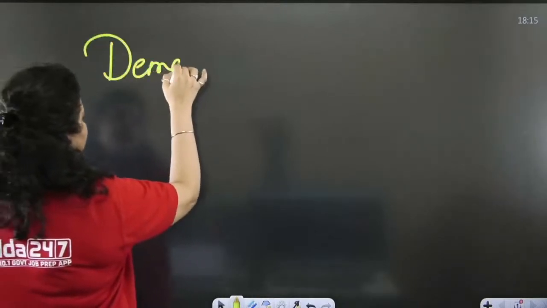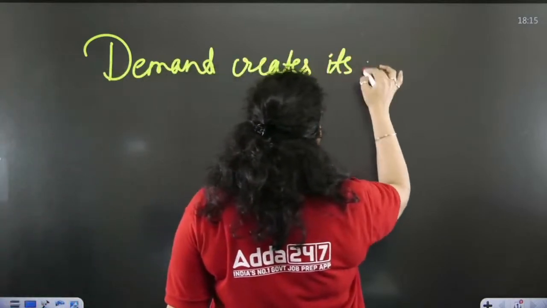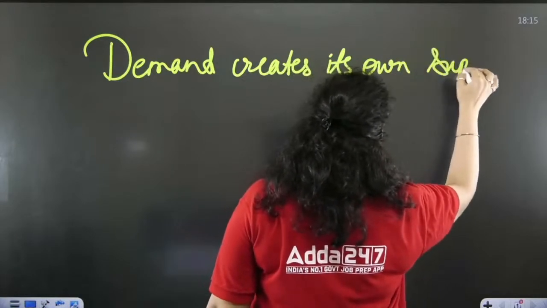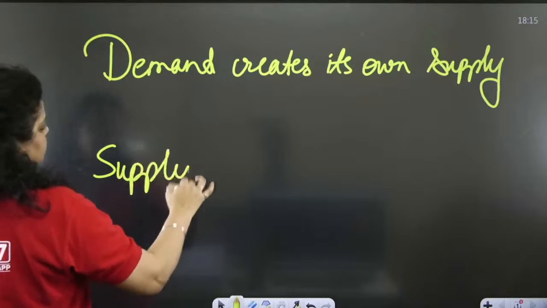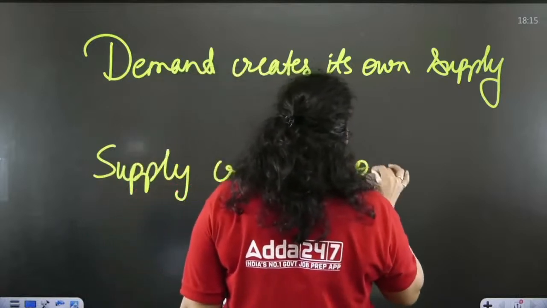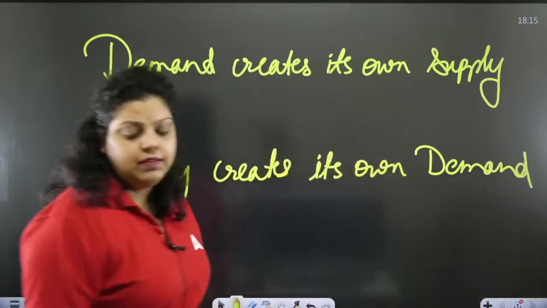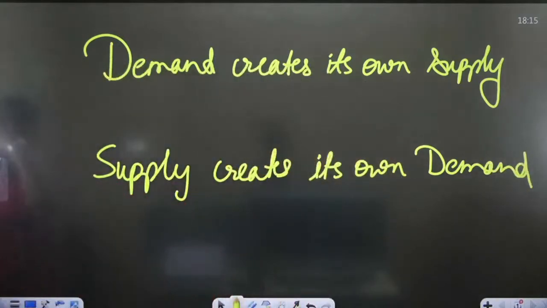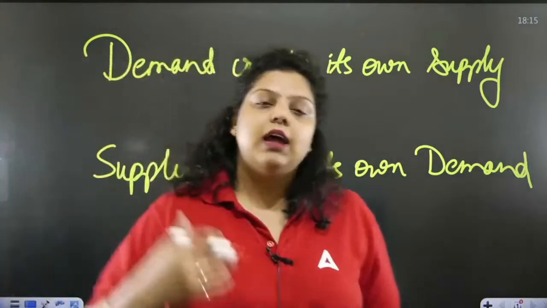First of all, we have discussed two theories: demand creates its own supply, and supply creates its own demand. These are the two theories that relate demand and supply, and both are correct. It's true that demand creates its own supply. Whenever we demand a product, the supply will be greater, and it is also true that supply creates its own demand. It means whenever we go to the market, we see something, we like something, and we buy that product.